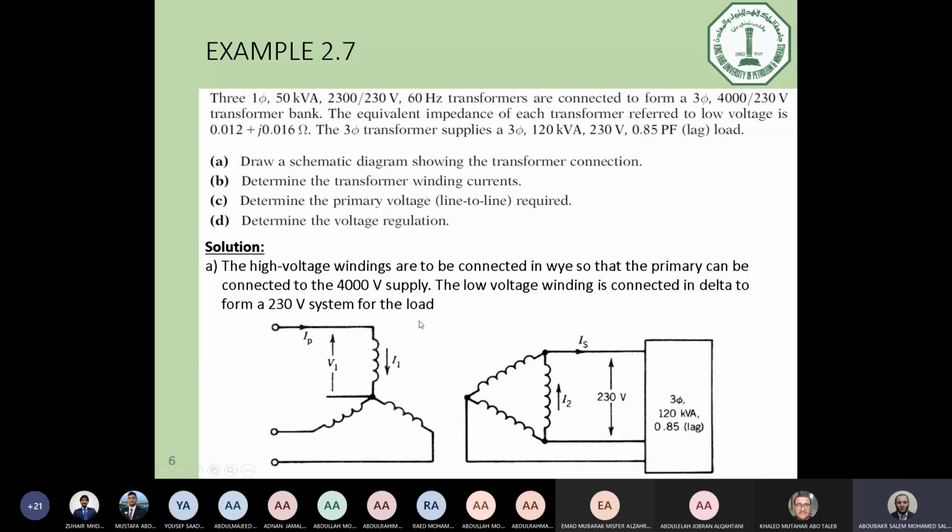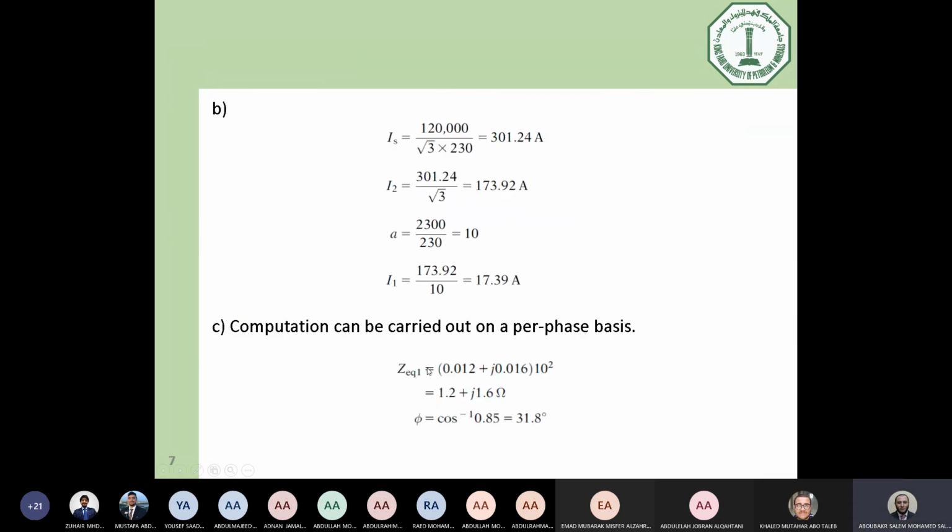The impedance ratio should be squared. So N1 divided by N2, which is the value of A, which is 10, so we should multiply by 10 squared. Okay, so this is now the value of the impedance referred to the primary side.